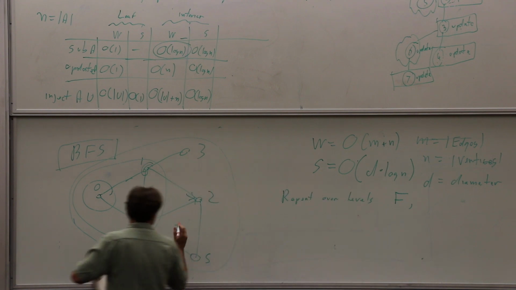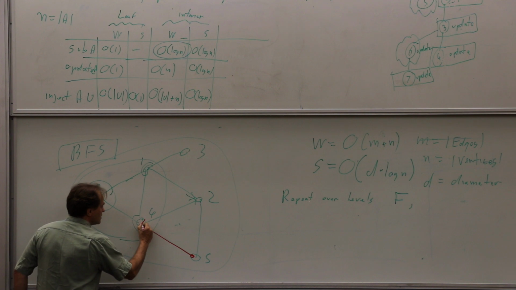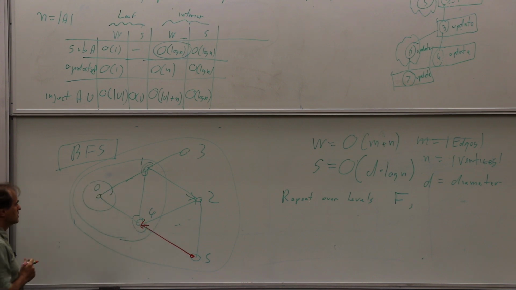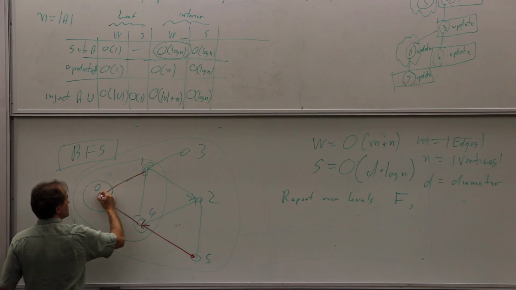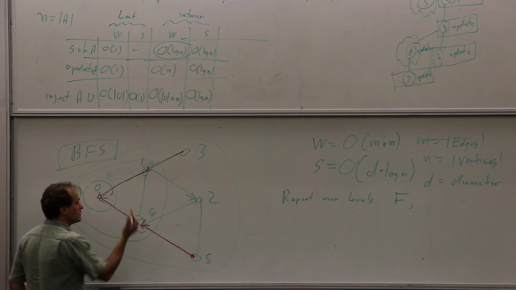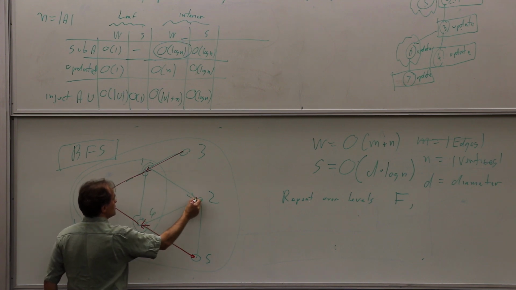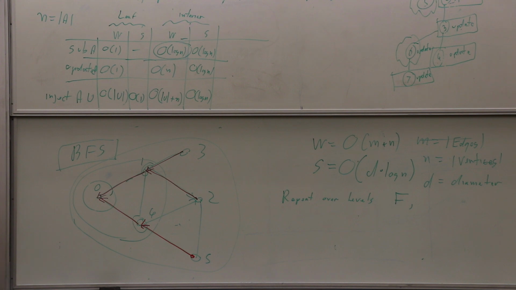It's going to have every vertex point to a parent from the previous layer. So that's going to point to here. That's going to point to here. That's going to point to here. This one points to here. This one, I have to break a tie. I have to choose arbitrarily one to point to. So that's going to point to here. So that's a breadth first search tree.